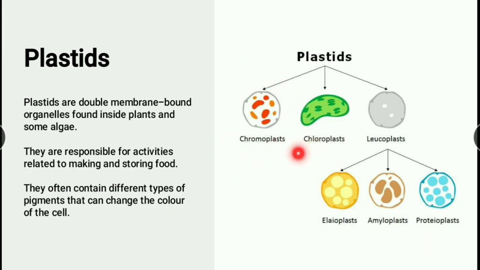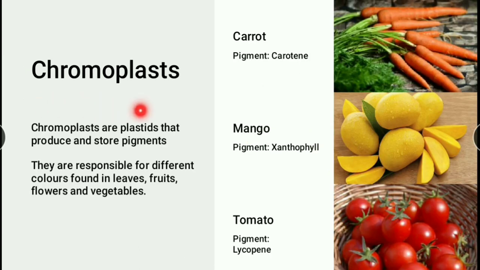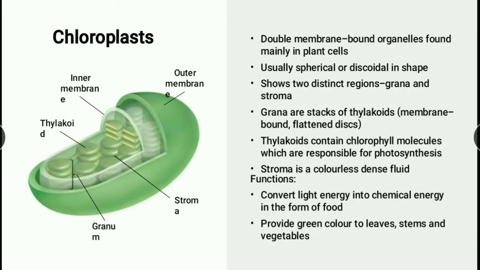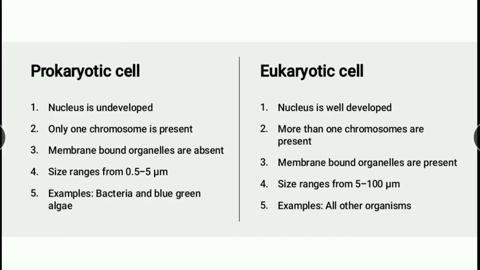The chloroplast will provide only green color. See, this is chromoplast. These are the colors. Carrot means carotene color. Mango means xanthophyll color. This is the pigment which is giving color. Chlorophyll gives only green color. See, this is the chloroplast. Inside, what is there? Chlorophyll is there. Actually, all the detailed study is there in 9th standard. That's why I am skipping.